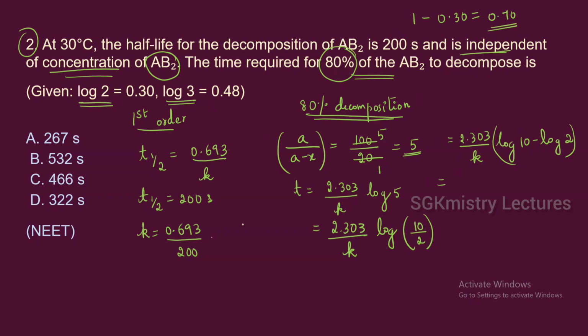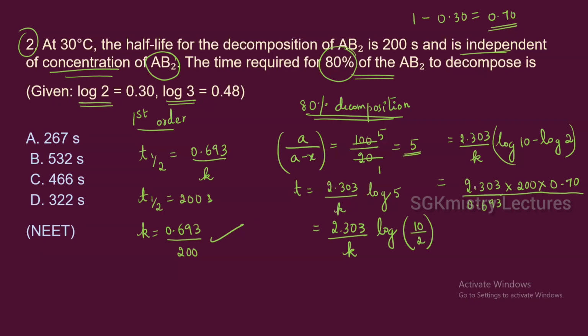Now the K value we already have here is 0.693 by 200, so I can substitute the value. So 2.303, K value is 0.693 by 200, so 200 will go to the numerator. Now for log 10 minus log 2, I have got the value 0.70. There are 3 digits after the decimal point in the denominator, so I'll shift the points so that the calculations will be easier.